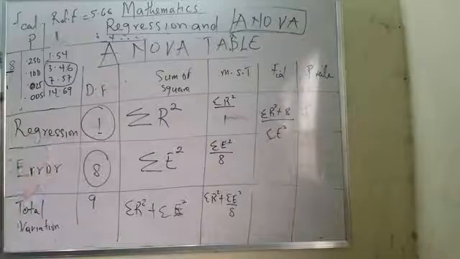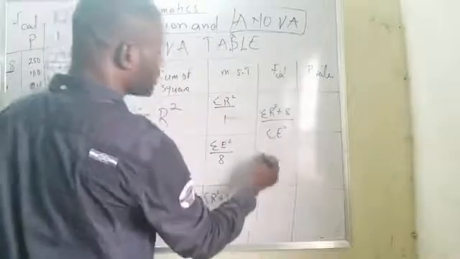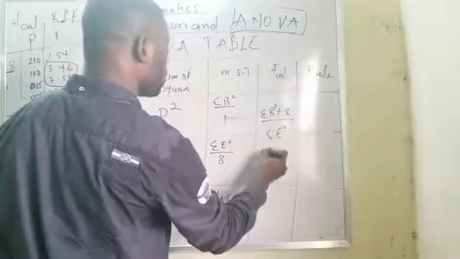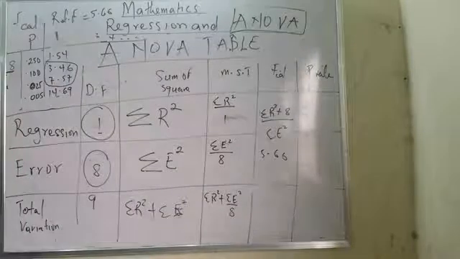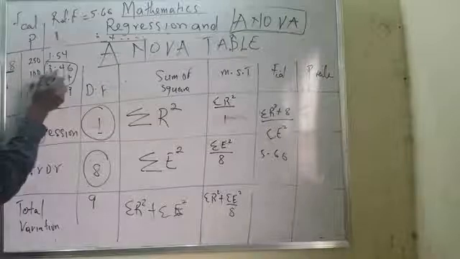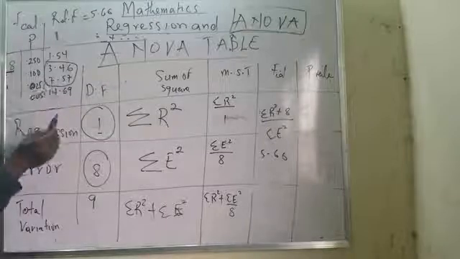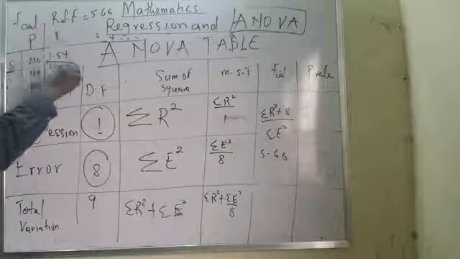Now, 5.66 is my F value, I mean my F calculated, which is going to be 5.66. I'm just doing this so that I'll be able to explain it very well. I will come here and look at this one, 3 point something and 7 point something. 5.66 is in between these two numbers.